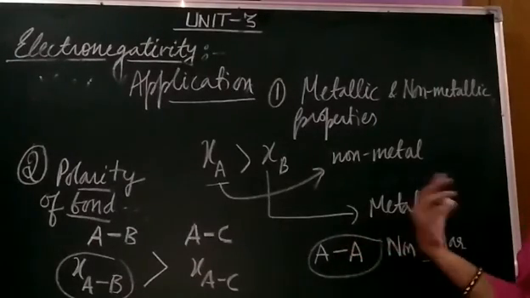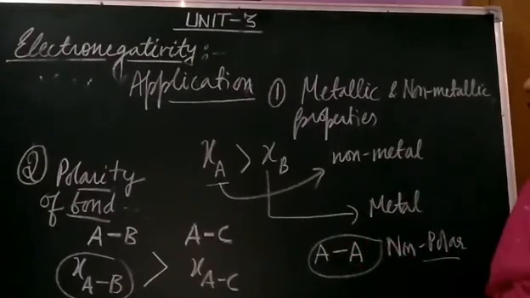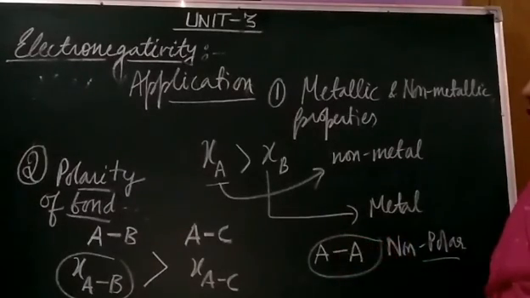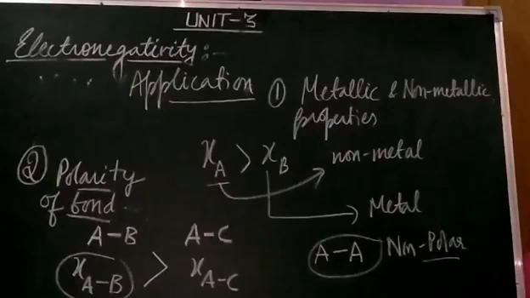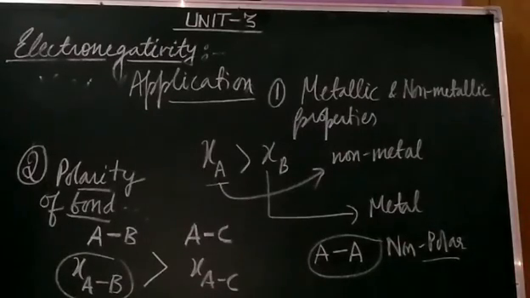So polarity always results from the electronegativity difference. As a result, the electron cloud of the shared pair will be more tilted toward one of the atoms, and hence there will be a difference in the charge distribution, right students? So these are the two main applications of electronegativity.